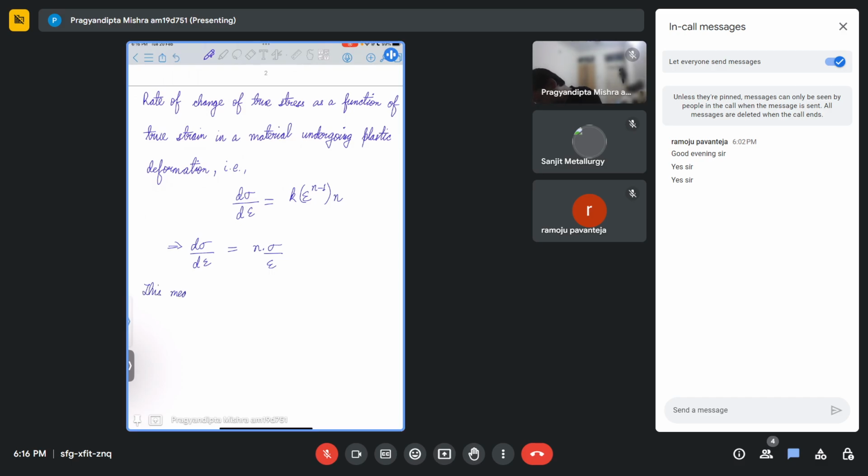If I write it down, this means that if the rate of deformation needs to be increased, sigma has to be increased.